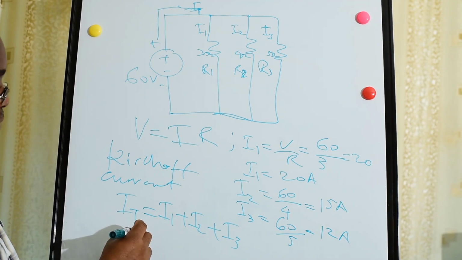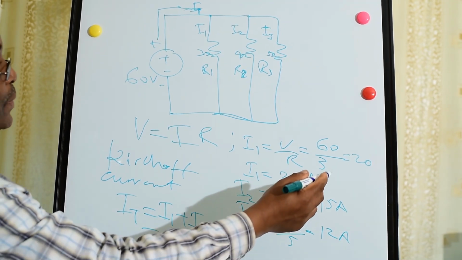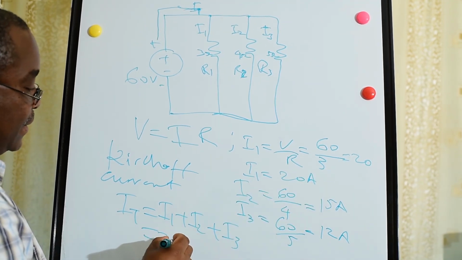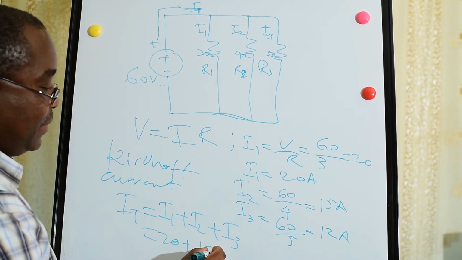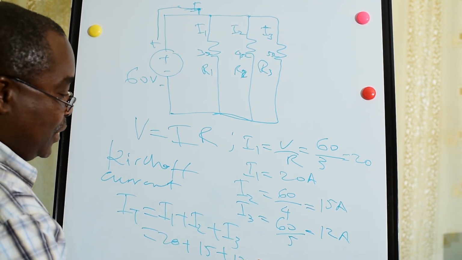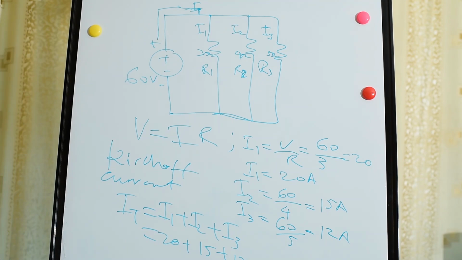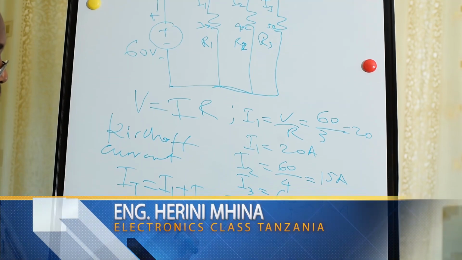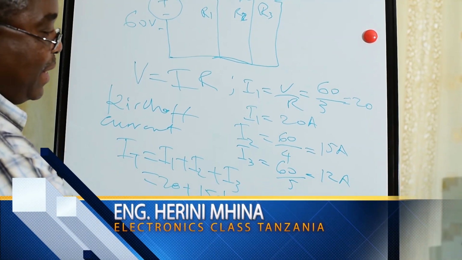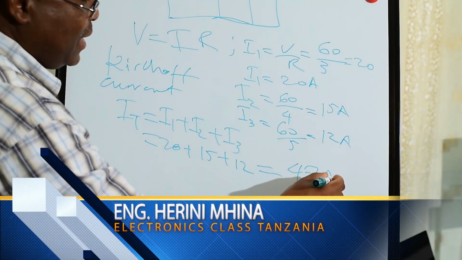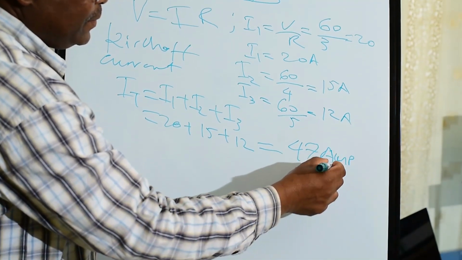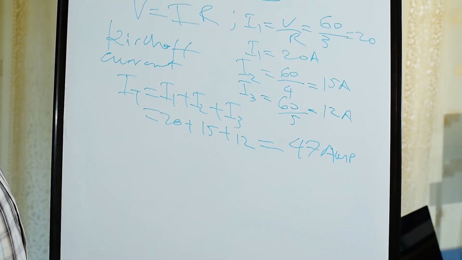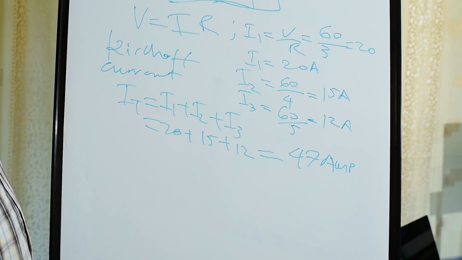The total current is equal to 20 plus 15 plus 12, which is 47 amperes. This is our total current in this circuit.